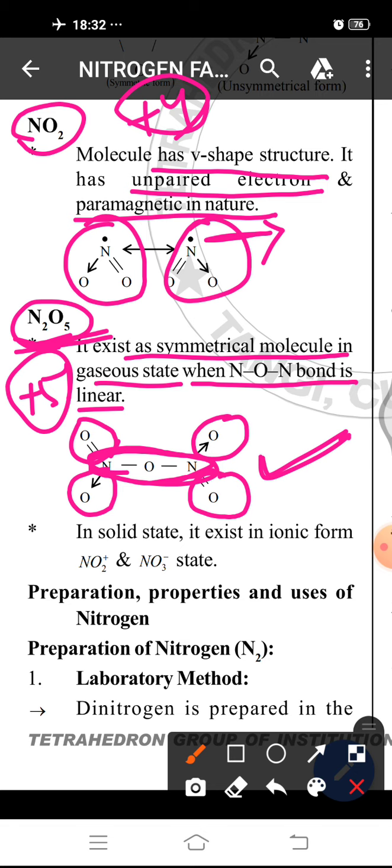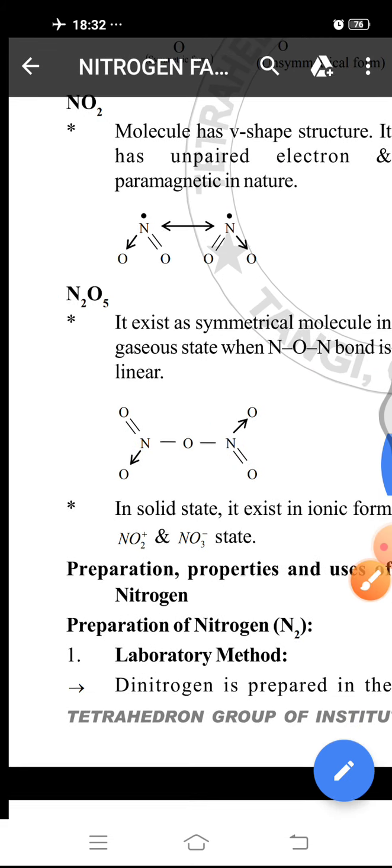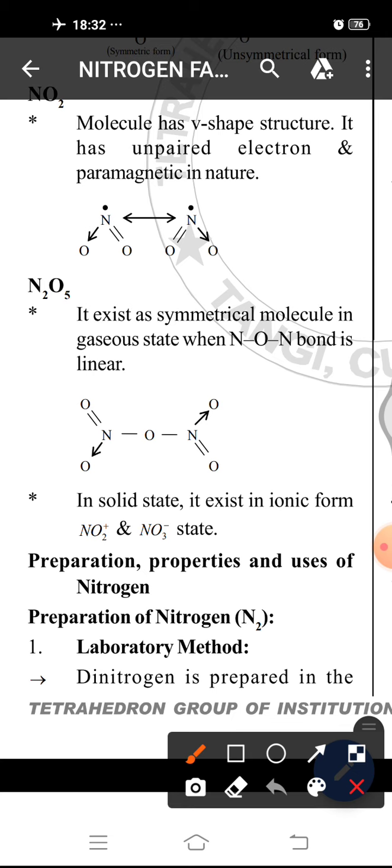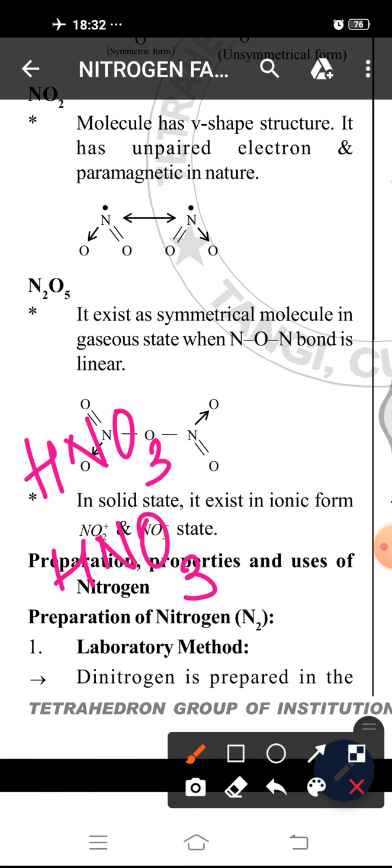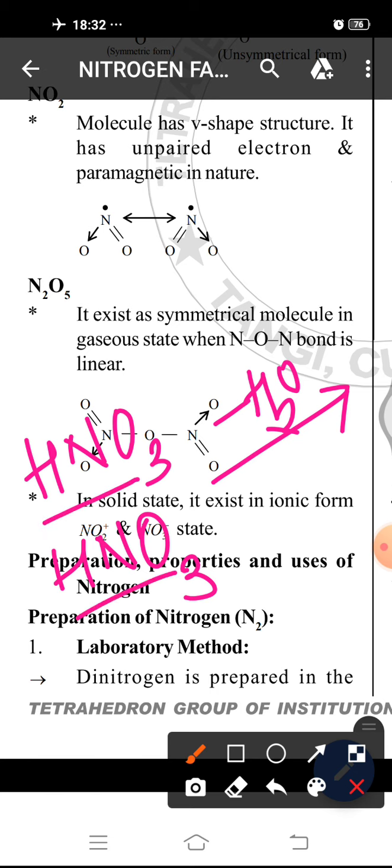N2O5 is also known as the anhydride of nitric acid. Nitric acid has the formula HNO3. Anhydride means loss of water. By losing a water molecule, nitric acid HNO3 forms N2O5, dinitrogen pentoxide.